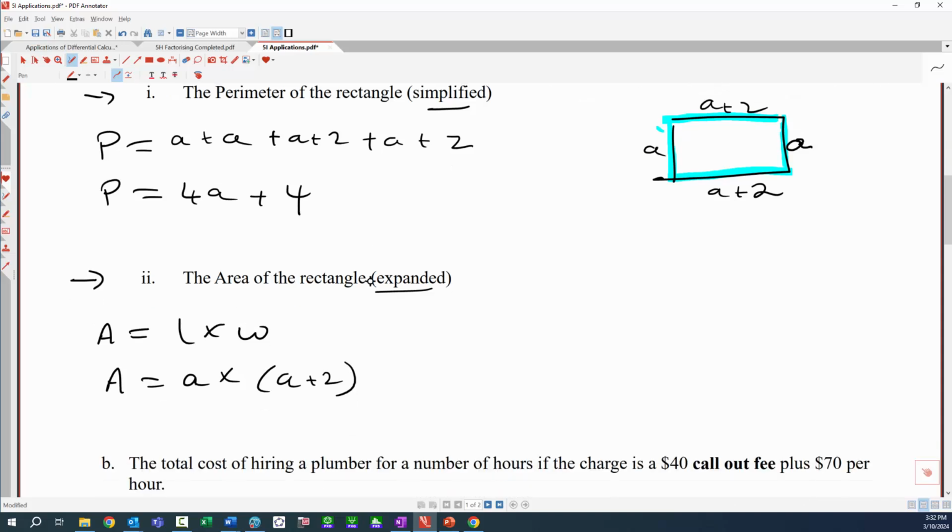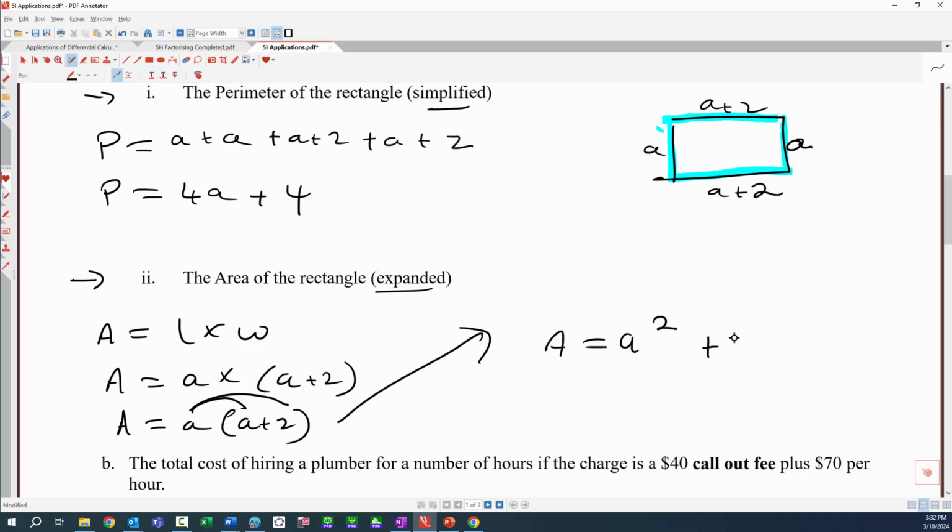They want this in expanded form, so we write area equals A times A plus 2, and notice the link to previous lessons here, we're going to use the distributive law. So area equals, A times A is going to be A squared, and A times positive 2 is going to be 2A. So there we go, we've got the area of the rectangle in what is called expanded form.